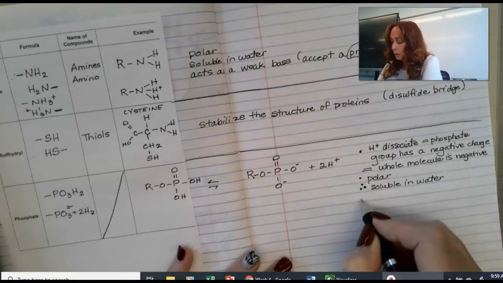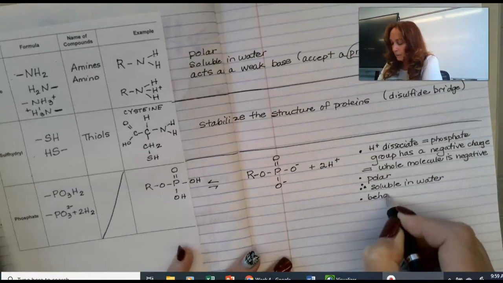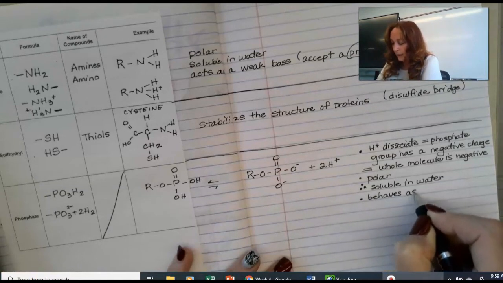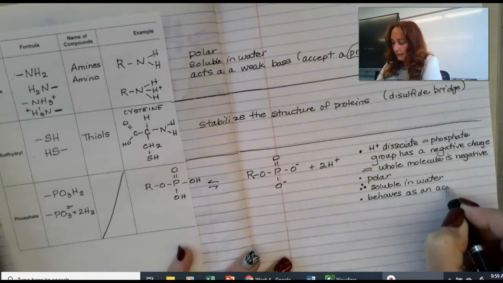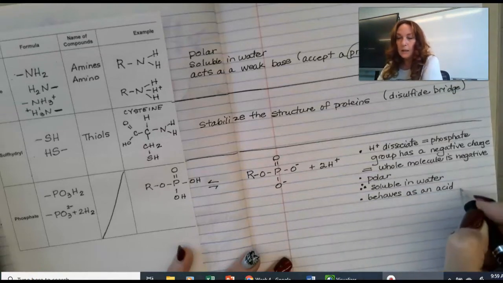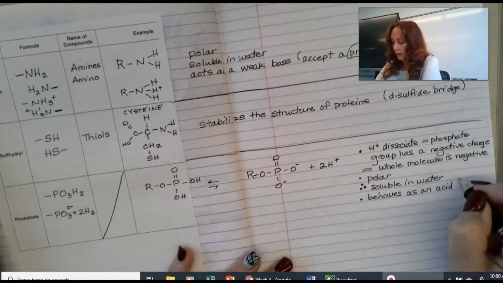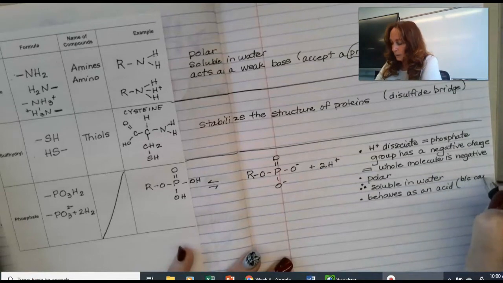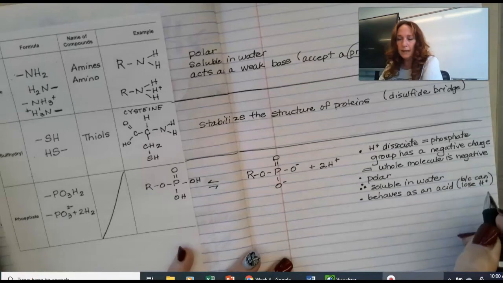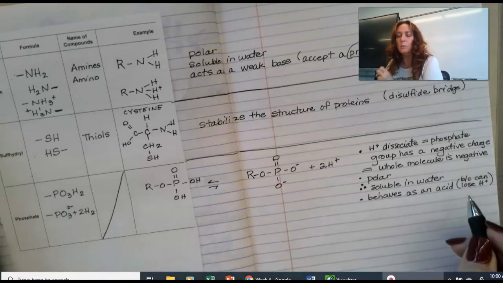And it behaves as an acid. And it's because it can lose the hydrogen ions. Because if you add hydrogen ions to a solution, you make something more acidic.